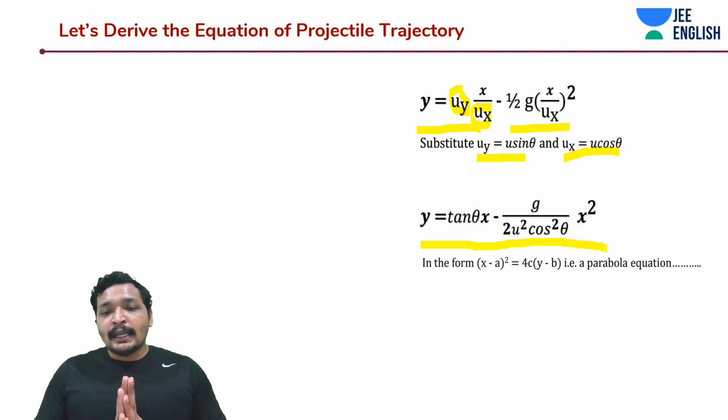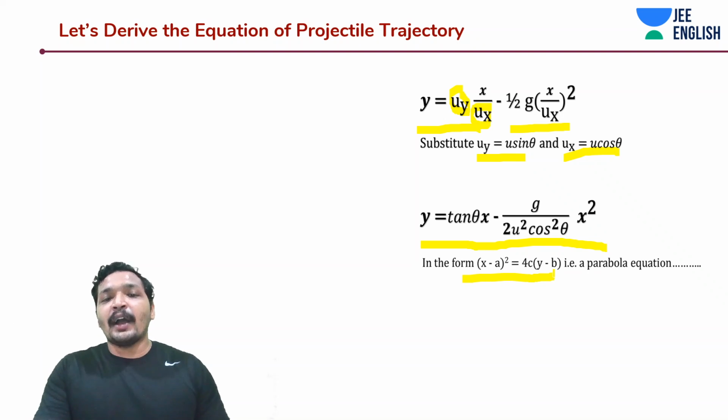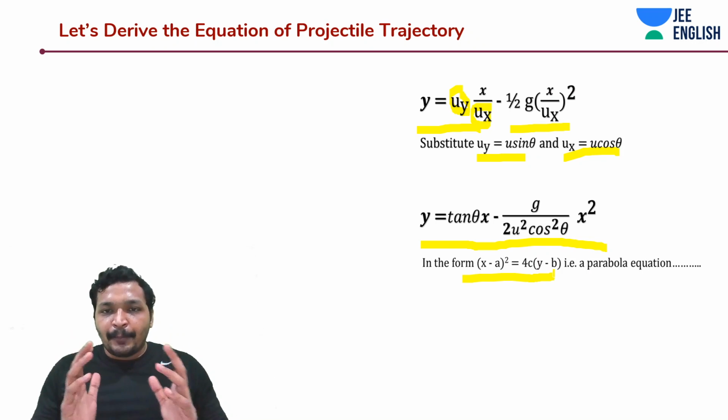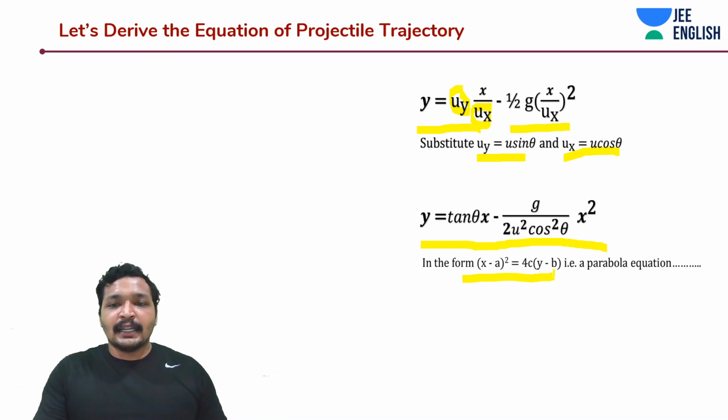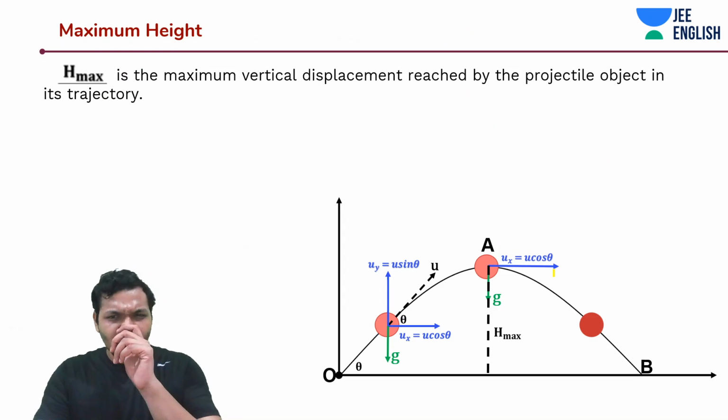And guys, again you can see that it is in the form of a parabola: x minus a squared is equal to 4c into y minus b. So you understood that a projectile trajectory is like a parabolic equation. That's correct. A projectile motion travels in a curved parabolic path.